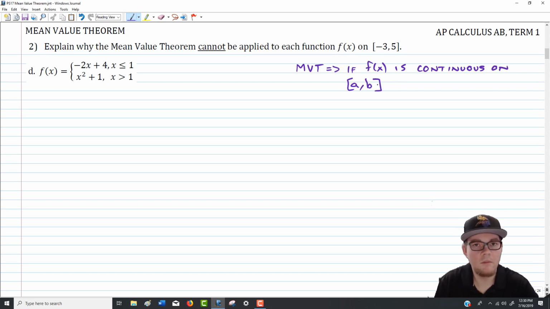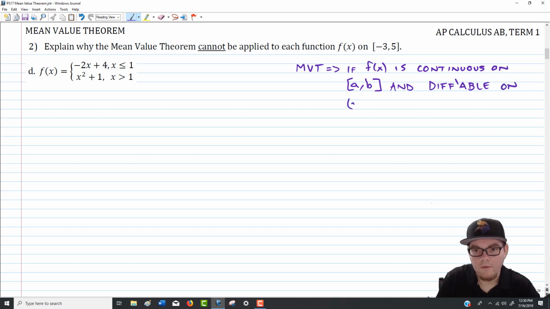You can't have anything missing in the middle either. Everything has to have the limit equal the function value. And differentiable, so there are also slope requirements, differentiable on the open interval. So it's okay if our endpoints are non-differentiable. Kind of weird, but you'll eventually run into an example like that somewhere.